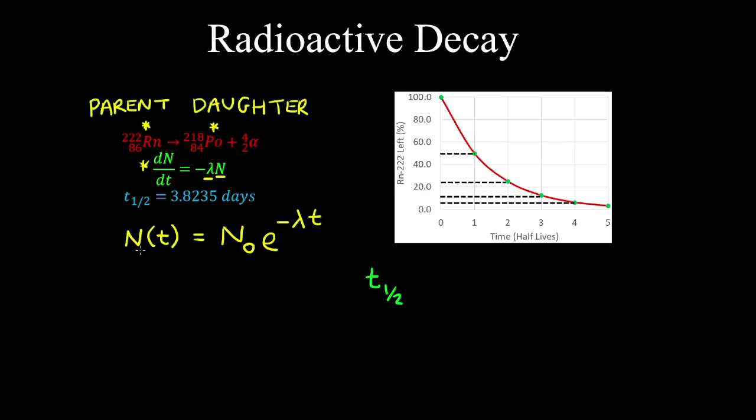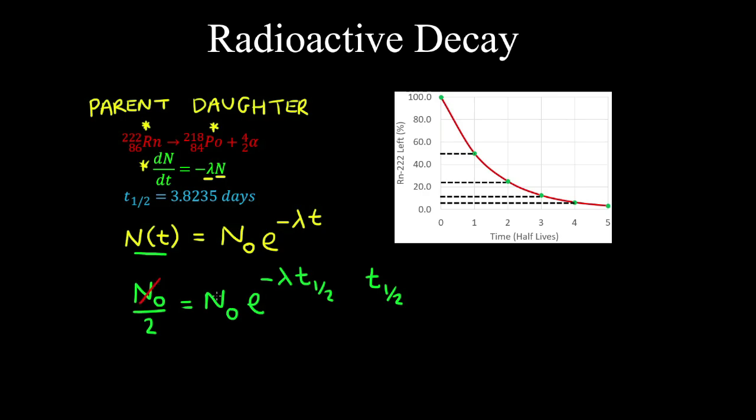So if we substitute for the number of nuclei at time t as half of the nuclei remaining, that's equal to the initial number of nuclei by e to the negative lambda by the half-life.